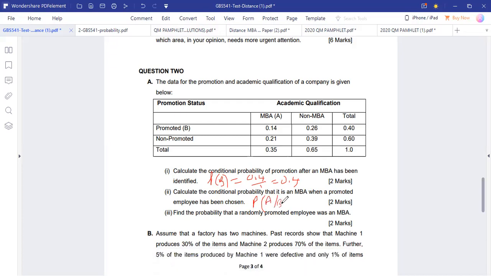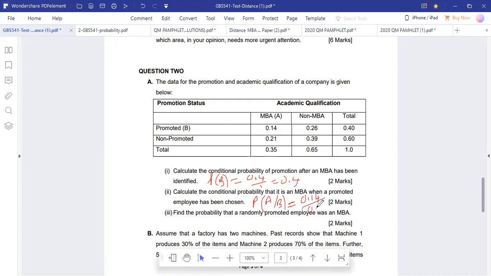Given B. Okay. So A given B. What is A given B? 0.14 over what? 0.4. The total for B. Yes.